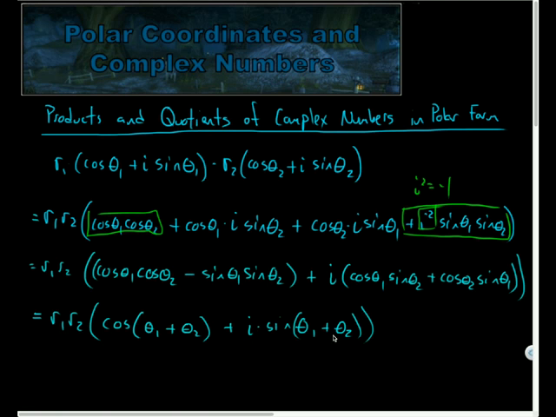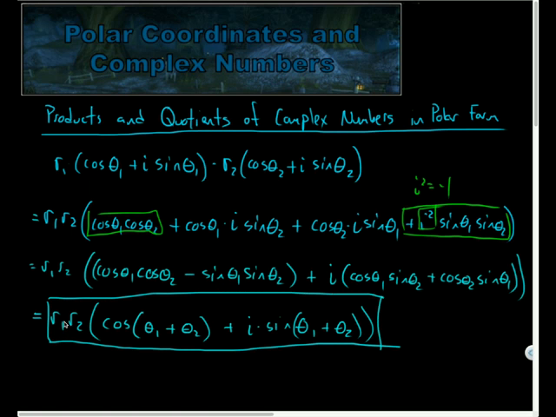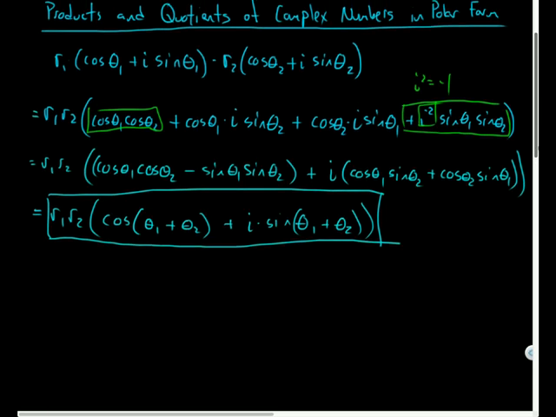So this is the product of two complex numbers in polar form, and it's a really cool little simplification. All I'm going to do is multiply the moduli, if that's a way to pluralize modulus, and add the amplitudes. It's really nice.